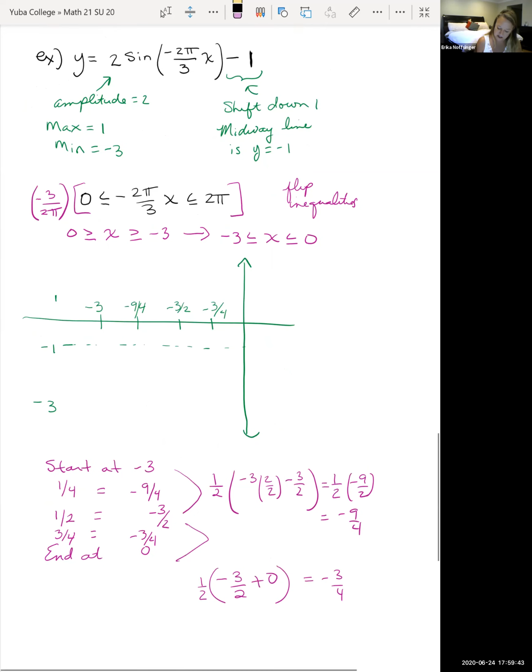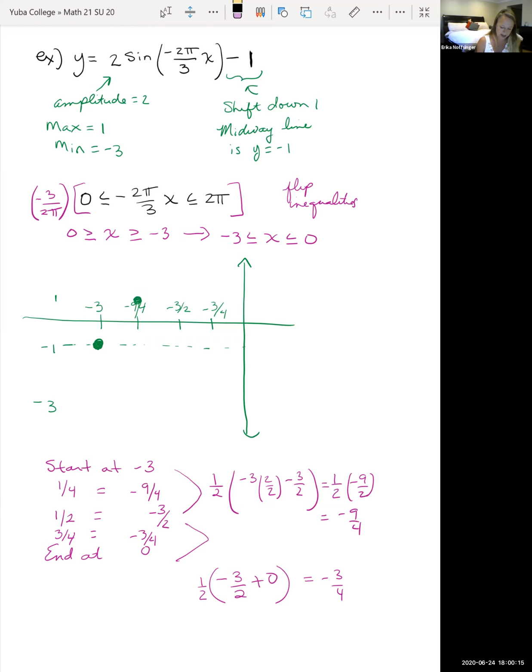Okay, so we're starting at -3. It's sine. Sine normally starts at the x-axis, but we're shifted down. So we're really going to start at -3, -1. Sine then normally goes upwards. And so we're going to hit our maximum point, because this is positive in front. We're not going to go down. Our maximum point, we said, was when y was 1.